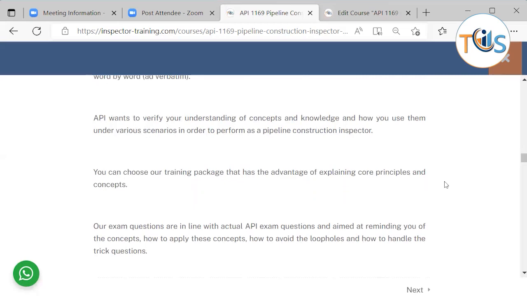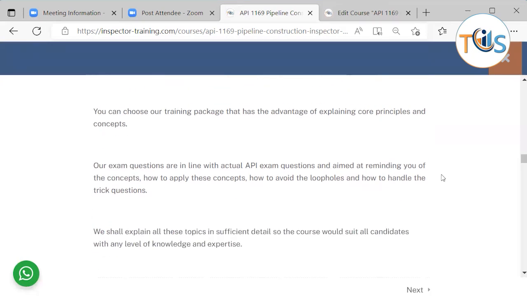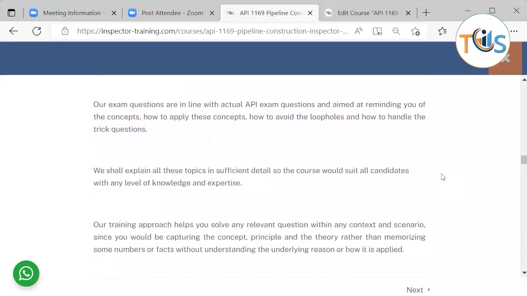You can choose our training package that has the advantage of explaining core principles and concepts. Our exam questions are in line with actual API exam questions and aimed at reminding you of concepts, how to apply these concepts, how to avoid loopholes, and how to handle the trick questions.